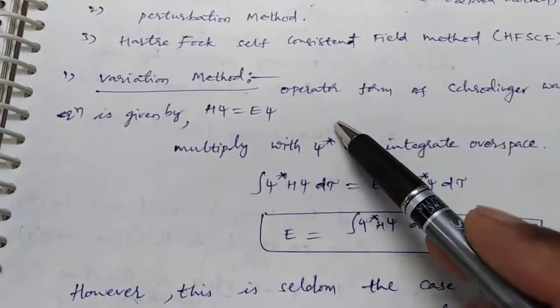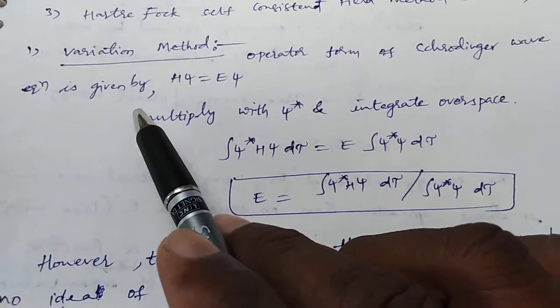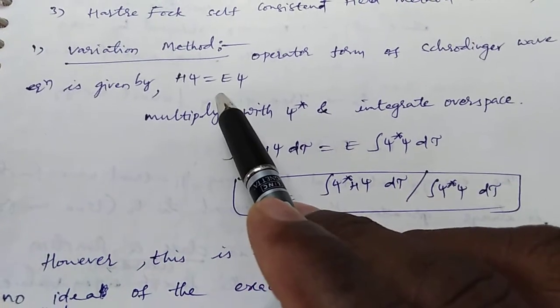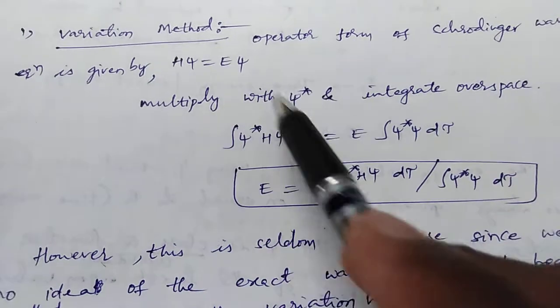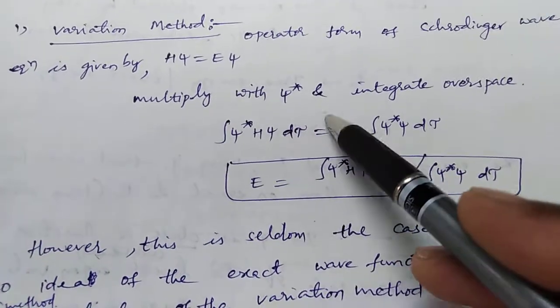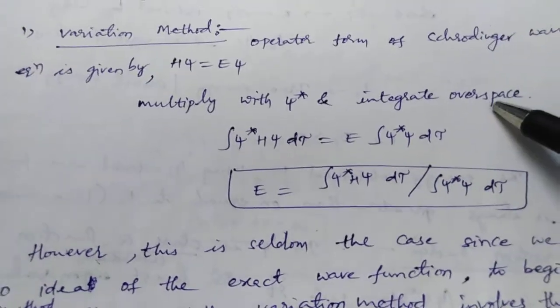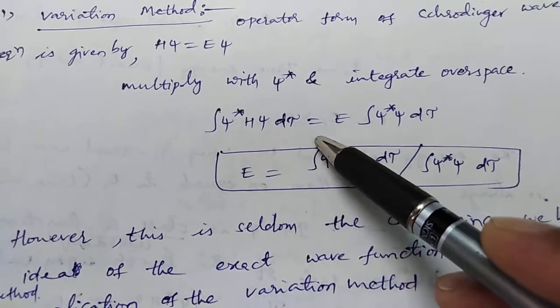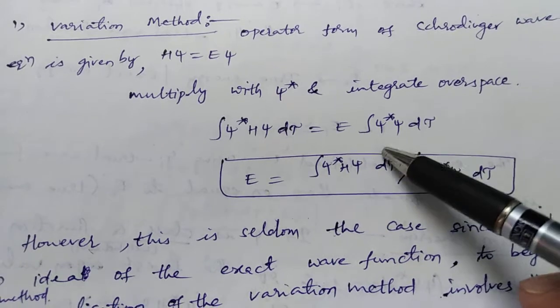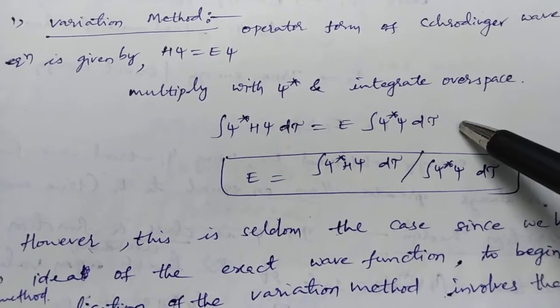Now the operator form of the Schrodinger wave equation is H psi is equal to E psi. Now we multiply the above equation with psi star and immediately integrate over the space. We get integration of psi star H psi d tau is equal to E into integration of psi star psi d tau.